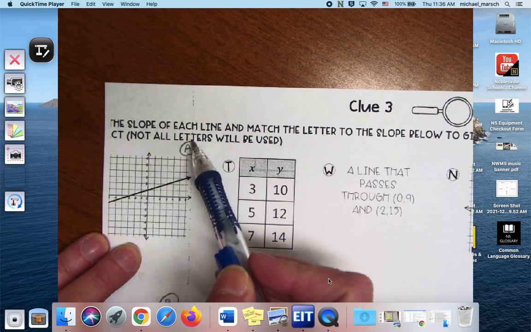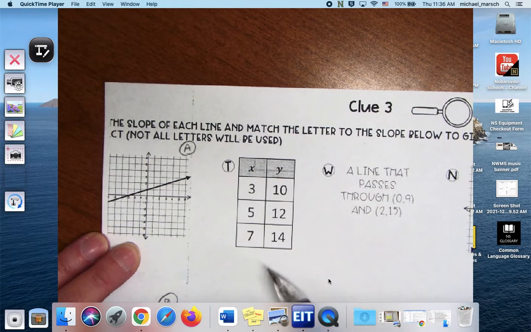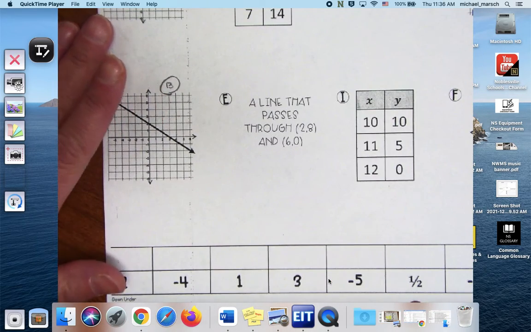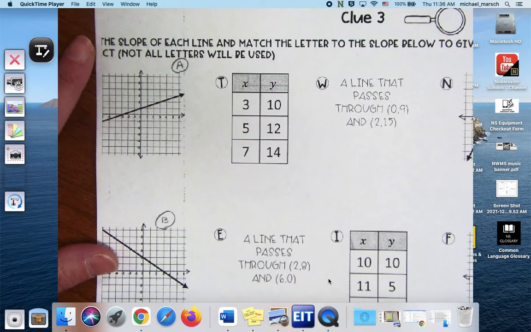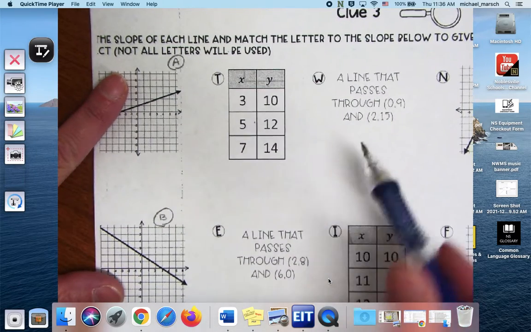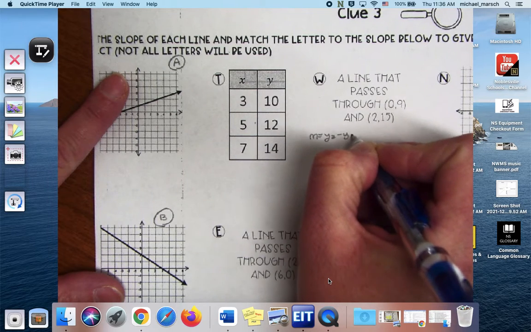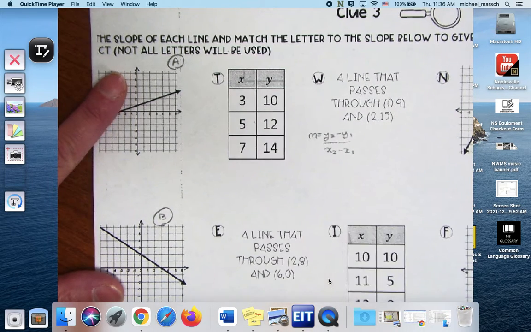Not all letters will be used. So you might find a slope, and then it's not down here in part of the clue. So just move on to the next one and keep trying to find the different slopes. Okay? So we have graphs, tables through 2 points. Remember, this is the m equals y2 minus y1 over x2 minus x1 that we did yesterday.